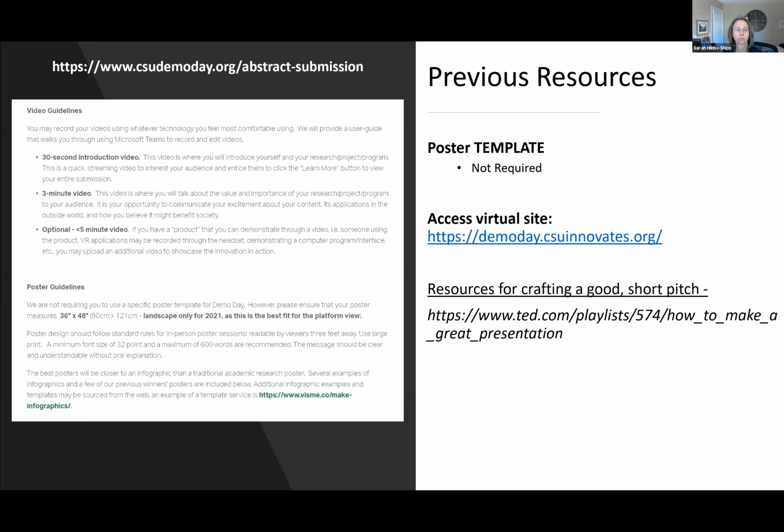We are truly only requiring that whatever you choose to use fits in a landscape orientation and is easy for the judges and consistent, so you make it 36 by 48 inches, which is your normal 3 feet by 4 feet academic poster in a landscape position.